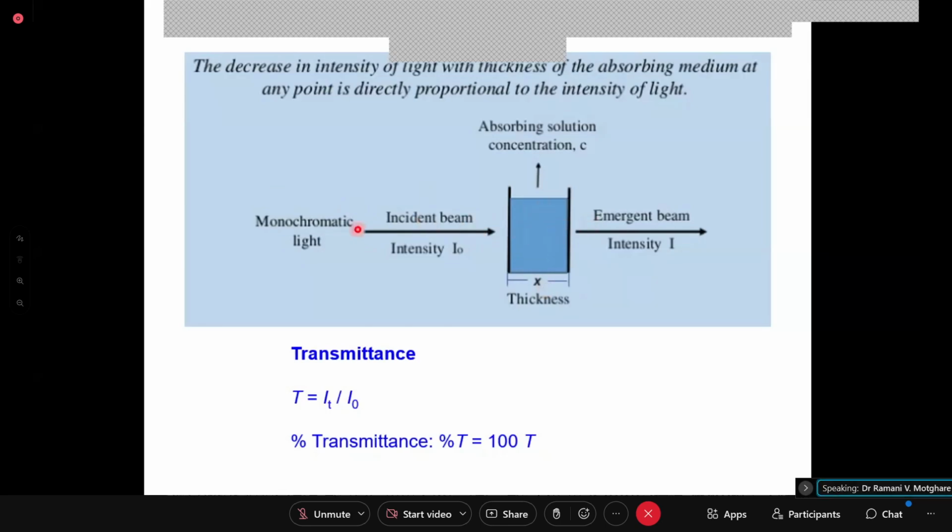So it depends on the intensity of the incident light beam as well as the concentration of the absorbing medium. The more the concentration of the absorbing medium, the more the quantity of light absorbed and the less the transmittance. So we can write transmittance T equal to IT by I0. Percentage transmittance is T times 100.